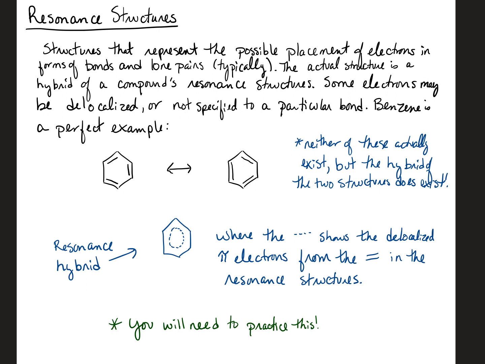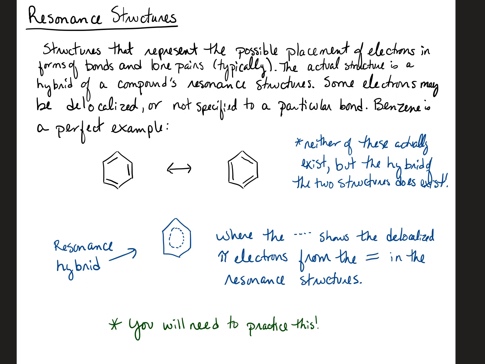We usually see this with pi bonds and lone pairs, as to where they can actually exist, because you have to have sigma bonds. You have to have single bonds connecting a molecule, or it's no longer connected. It's no longer a molecule or a compound. So the actual structure is usually a hybrid in between all of the possible resonance structures for a compound.